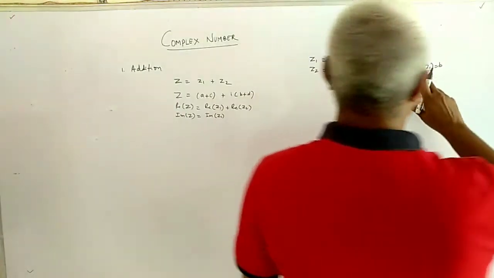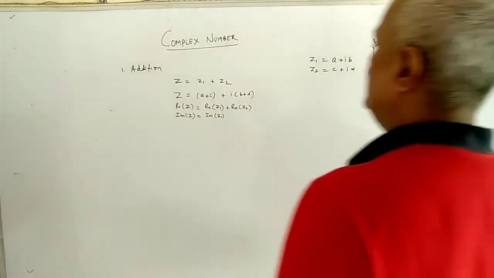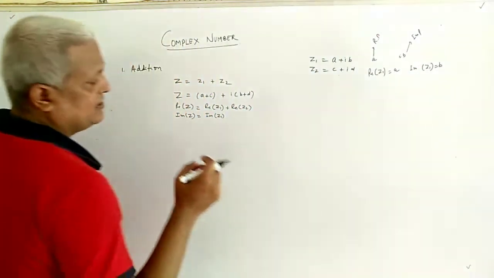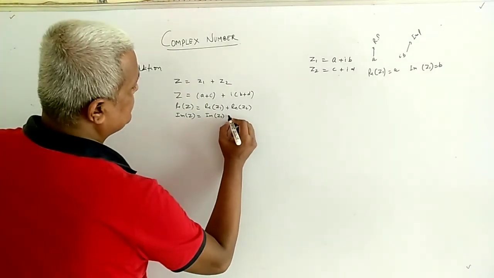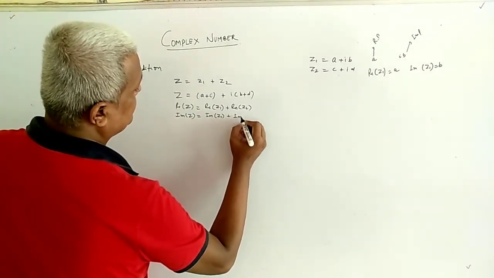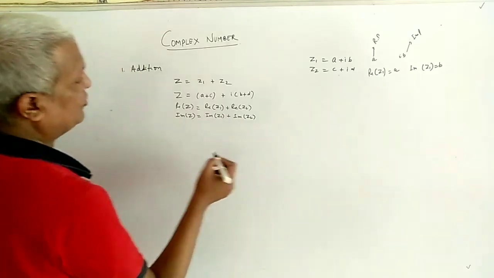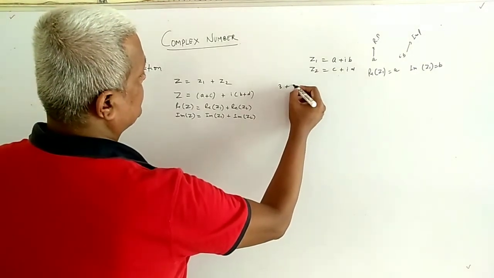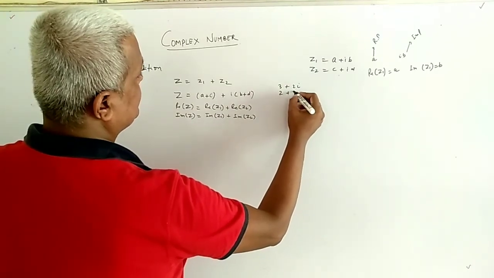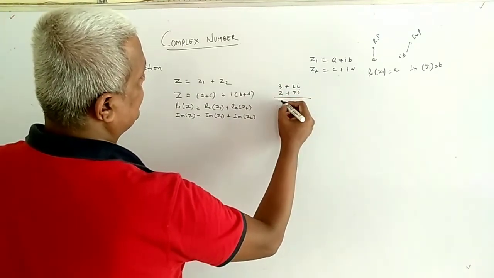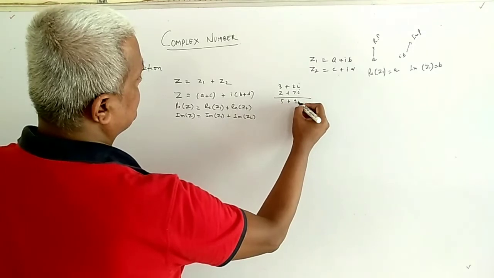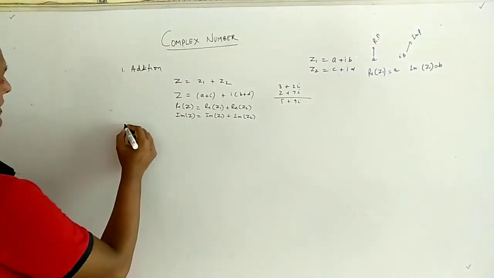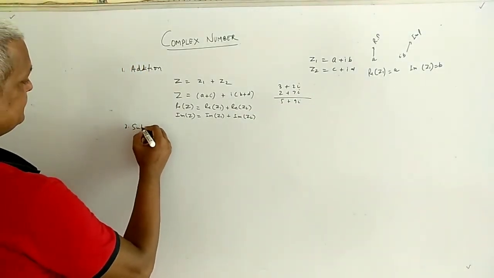Some people write IMG, I am writing Im, not IMG. So Re and Im is good. Like suppose if you have 3 plus 2i and 2 plus 7i, just add algebraically, this will become 5 plus 9i.